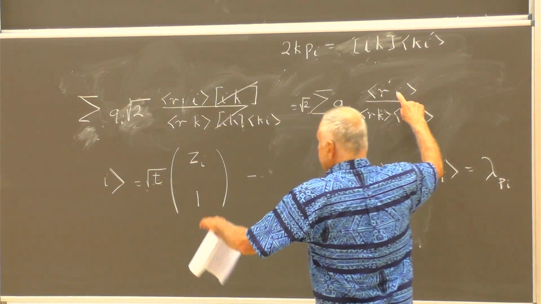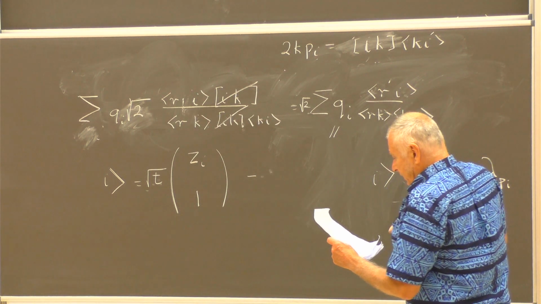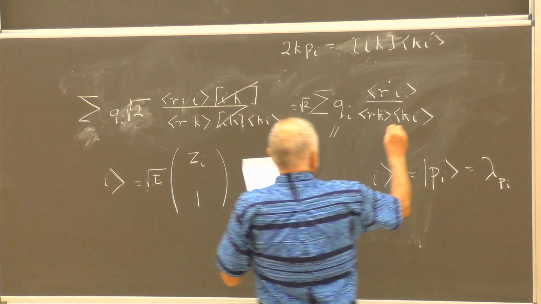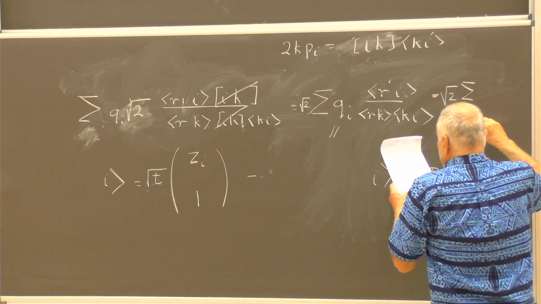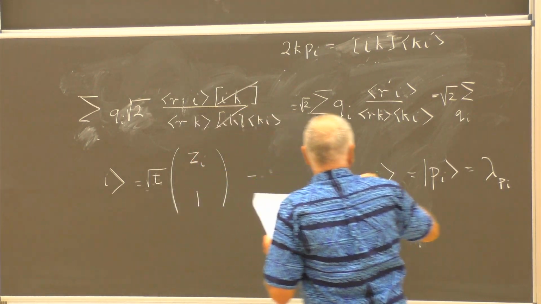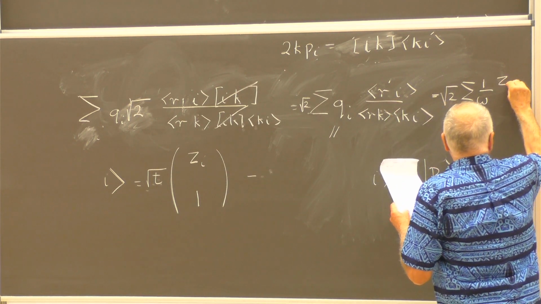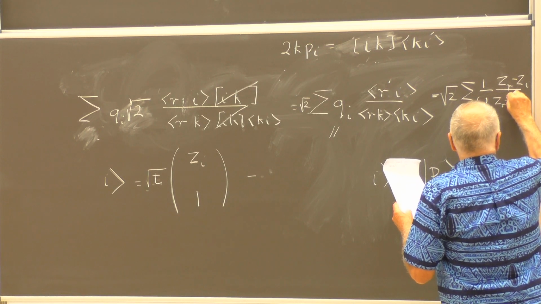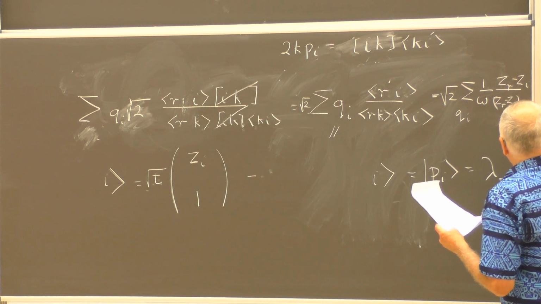Of course, these overall factors will cancel for the momentum pi, so at the end of the day, using this parameterization, that thing is square root of 2 sum of qi, times 1 over omega, times zri divided by zrk, times zki.